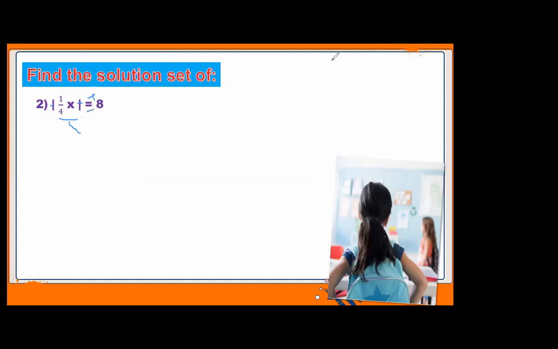By removal of mod we get x over 4. Beta, 1 over 4, when we multiply 1 with x, we get x over 4.